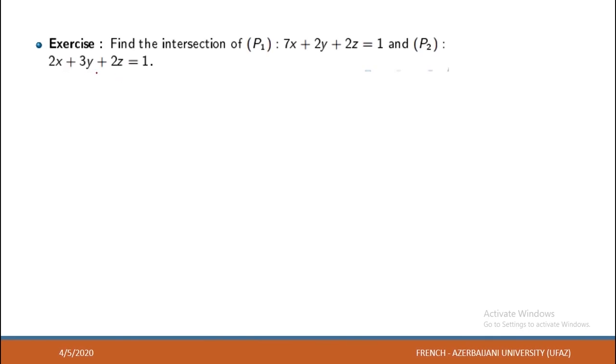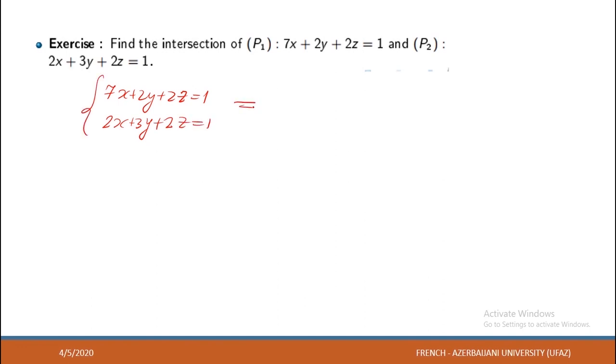Exercise. Find the intersection of P1 and P2. As you know, in order to find the intersection of P1 and P2, we must solve the system of equations: 7x plus 2y plus 2z is 1, 2x plus 3y plus 2z is 1.